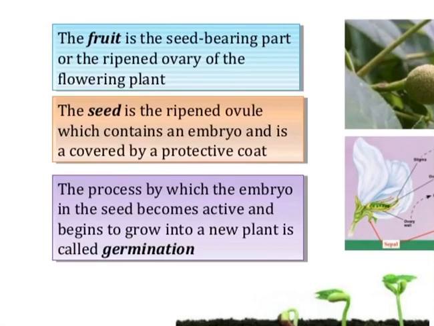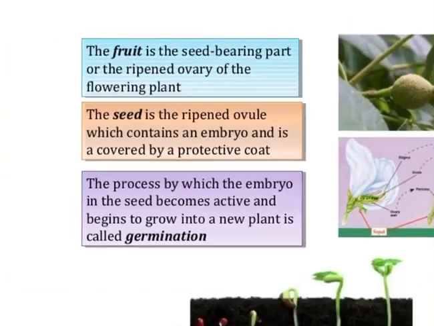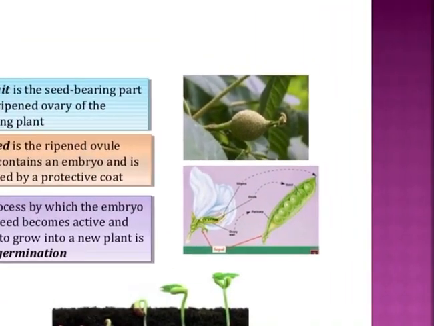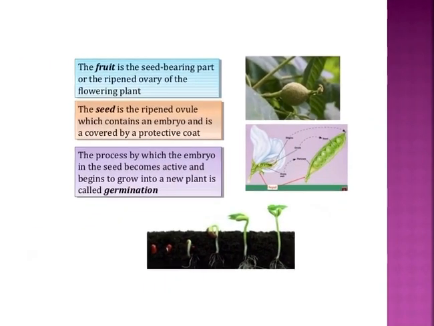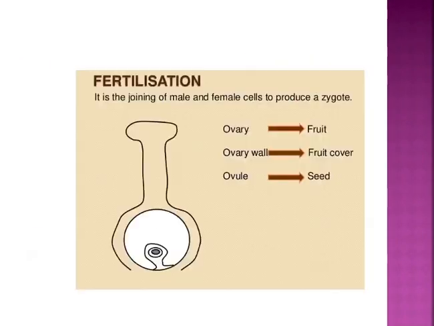The process by which the embryo in the seed, the baby plant in the seed, becomes active and begins to grow into a new plant is called germination. In this way, after the fertilization, the formation of seed and fruit takes place. The ovary changes into fruit, the ovary wall into the fruit cover, and the ovule becomes the seed.